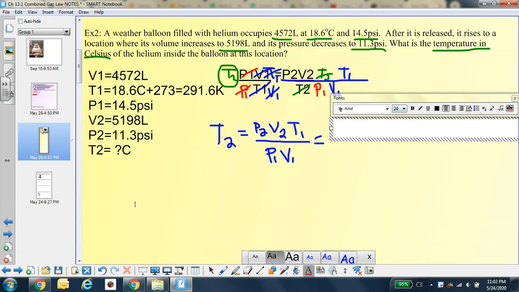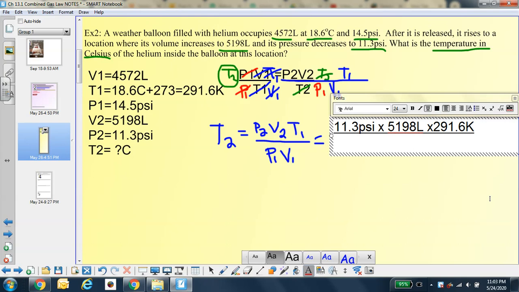So pressure 2, 11.3 psi, times volume 2, 5,198 liters, times temperature 1, 291.6 Kelvin, divided by.